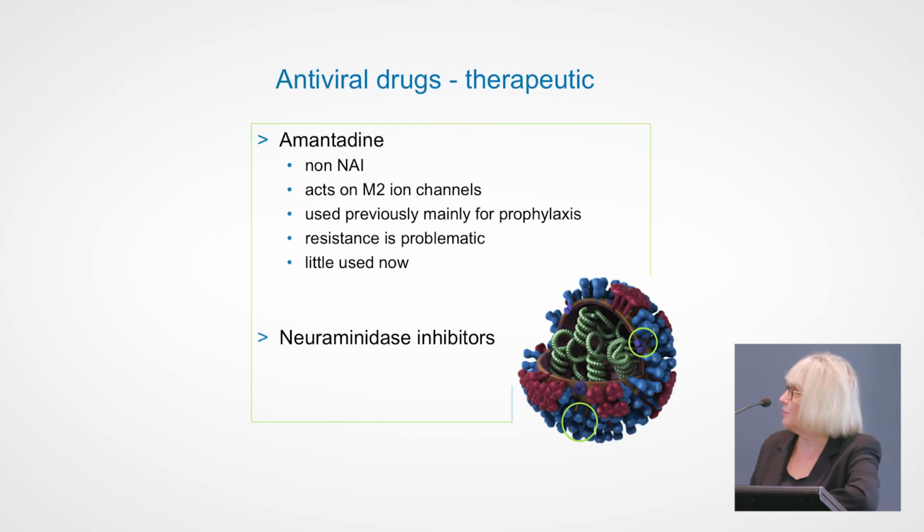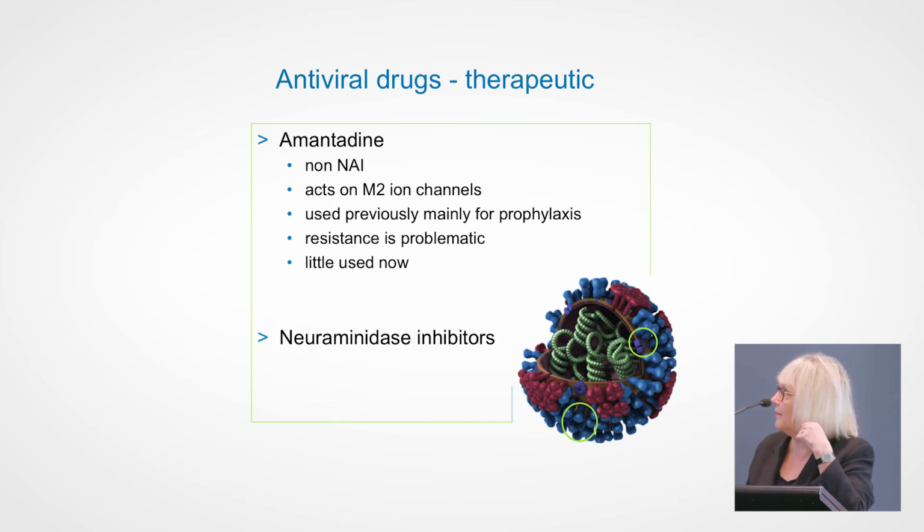The antiviral drugs we've got: amantadine is the oldest one. It's used for treatment of Parkinsonism a little bit. It is not a neuraminidase inhibitor. It actually acts on those M2 ion channels that I spoke about.